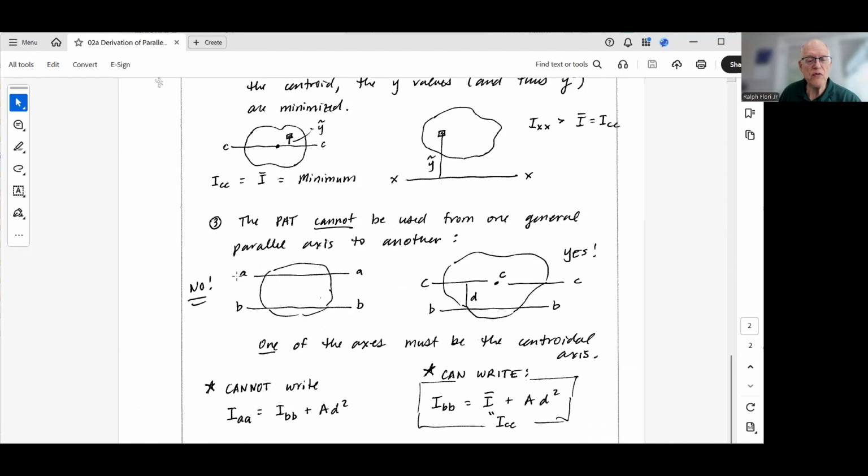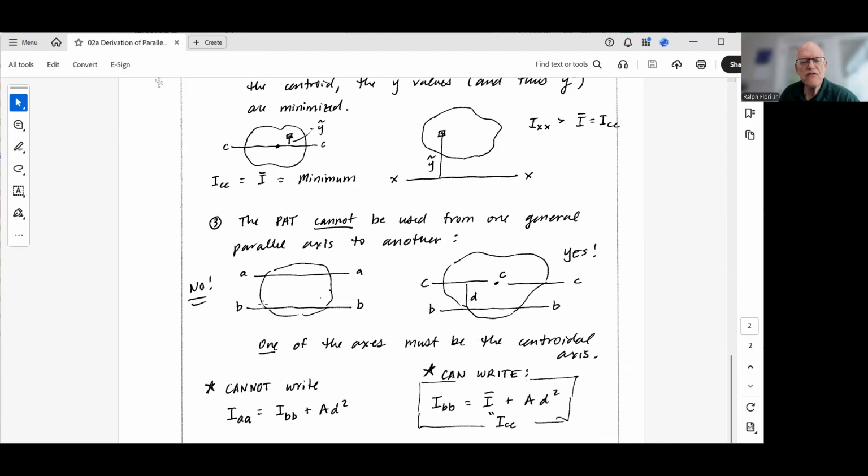In other words, you can't write IAA is equal to IBB plus A d squared. One of the terms has to be an I bar, a centroidal axis. So you can write IBB is equal to I bar, which is ICC, plus A d squared. One of the two sets of axes must be a centroidal axis.